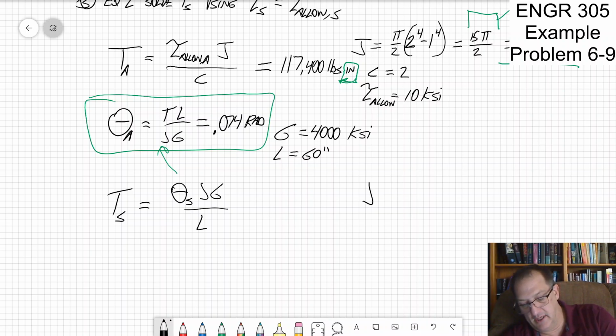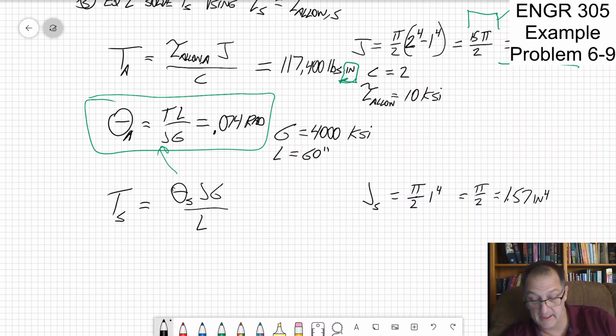Now I've got to do J for the steel, which is equal to pi over 2 times 1 to the 4th, because the radius is 1. So that's nice. That's pi over 2, equals 1.57 inches to the 4th.